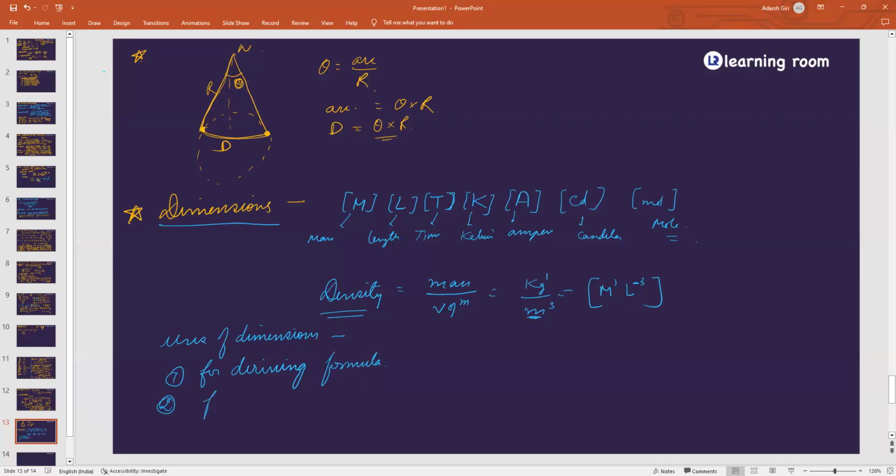Second, for checking consistency of formula. Third, for conversion of units. Okay, so these are the three uses of dimensions.